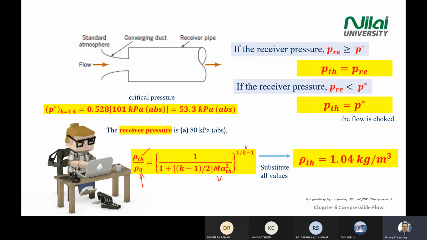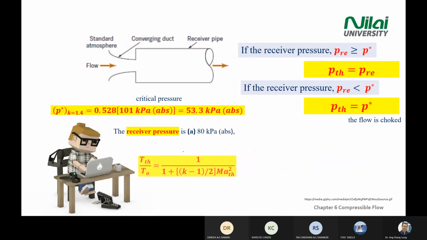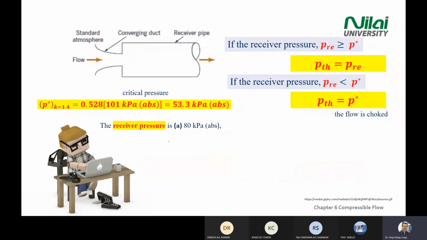You're only missing the density at throat. Then the temperature at throat also same. You have the Mach number. You have the temperature of the atmospheric pressure. It is 15 degrees C. However, convert to Kelvin. Right? So substitute, you get T throat is 269 Kelvin. You do the same for second scenario.